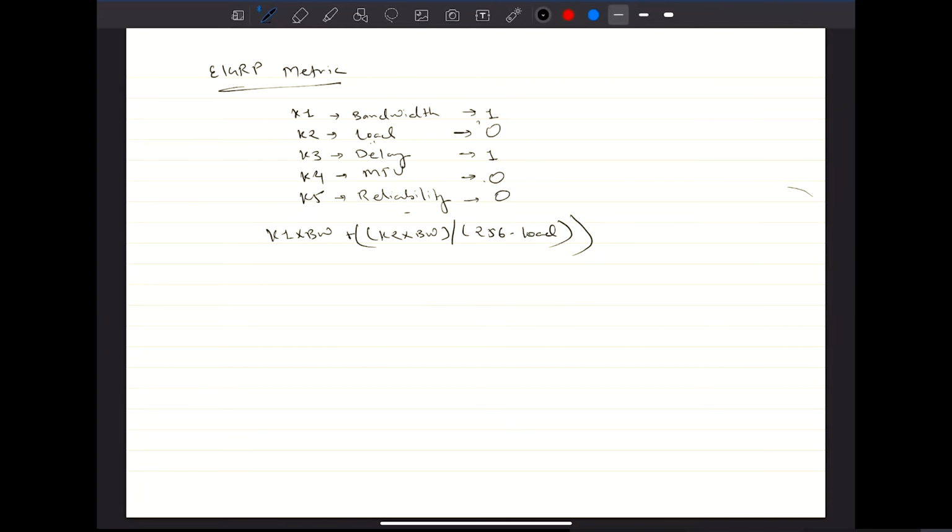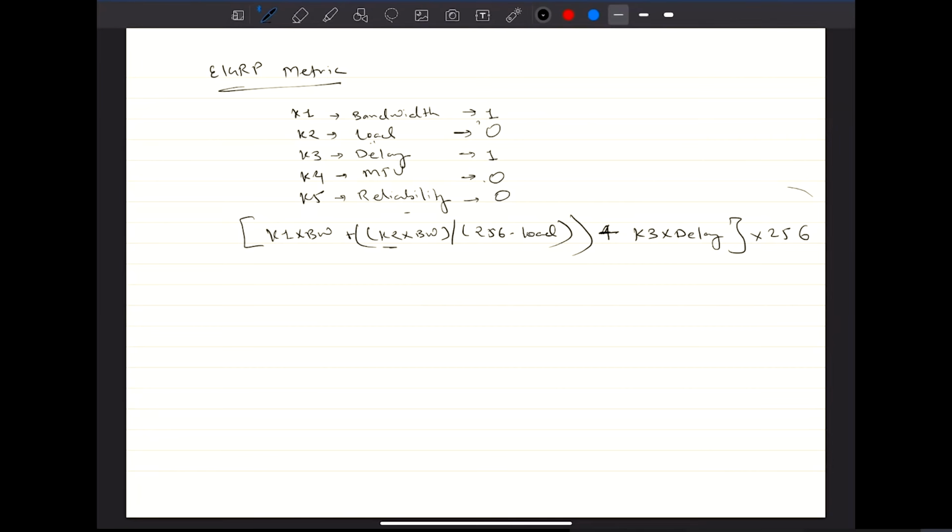Yeah, so this is what is there, and then you need to say plus K3 multiplied by delay. And this entire value needs to be multiplied by 256 as well. So that's what is used to calculate the metric.